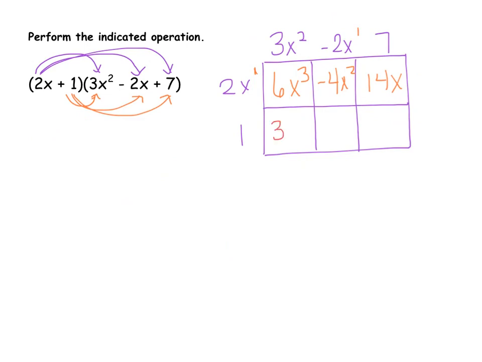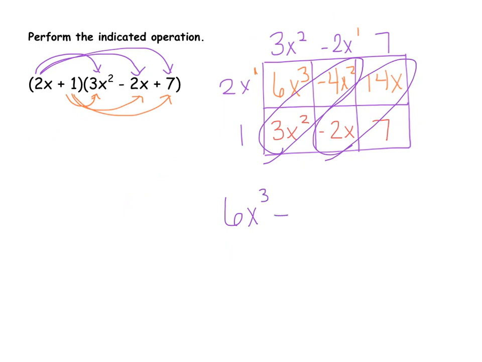So 3x squared stays 3x squared, negative 2x stays negative 2x, and 1 times 7 is 7. So we add like terms, the x squareds, the x's, and we get 6x to the third minus 1x squared plus 12x plus 7.